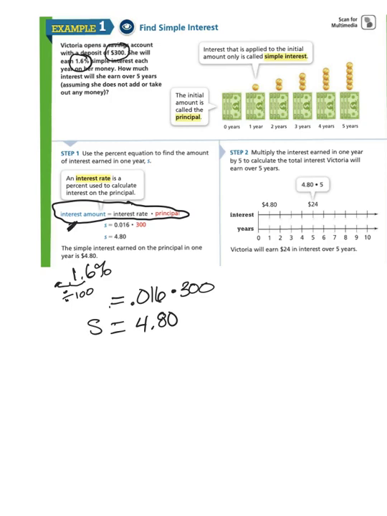Therefore, the simple interest earned on the principal in 1 year is $4.80. So at an interest rate of 1.6% on $300, you would earn a simple interest of $4.80.